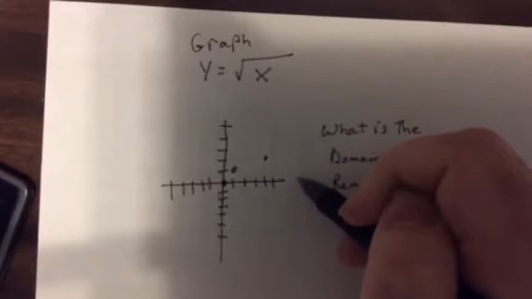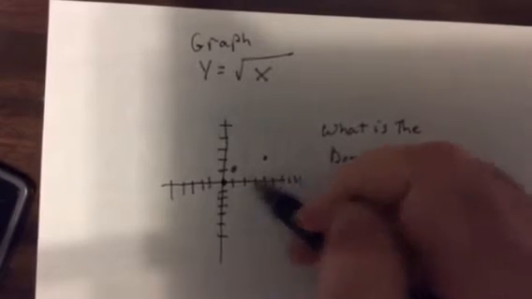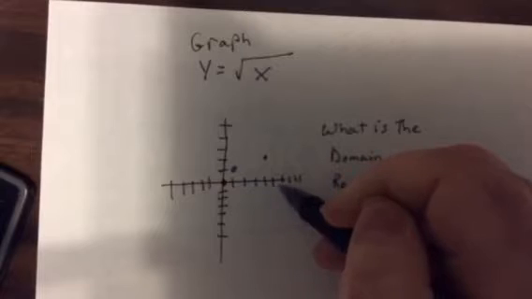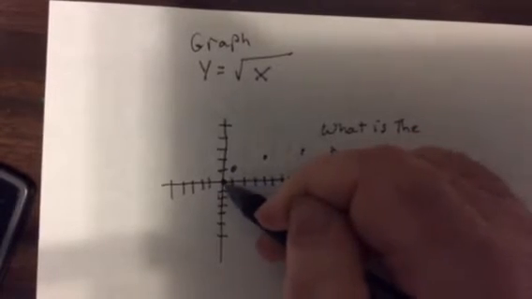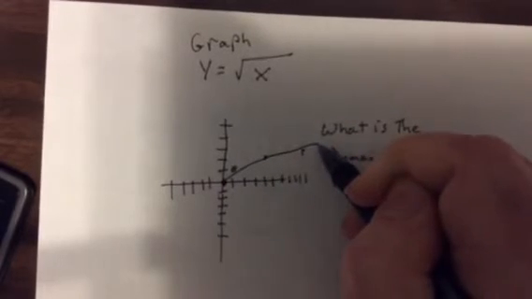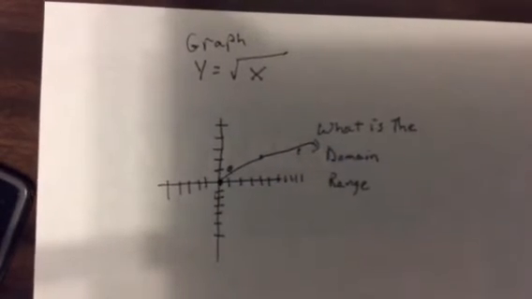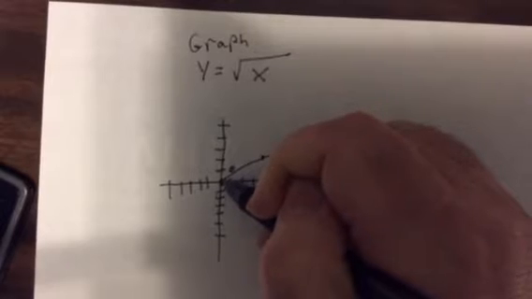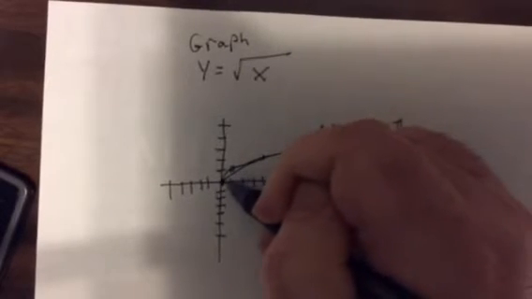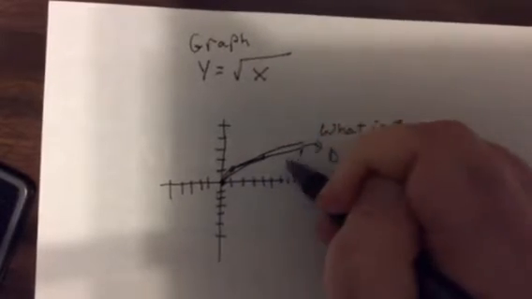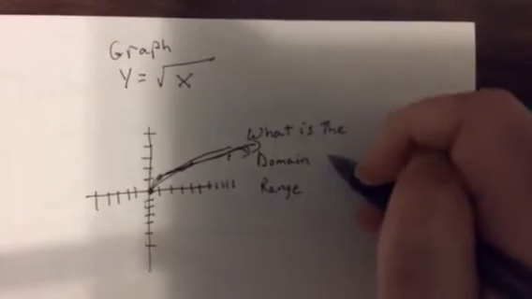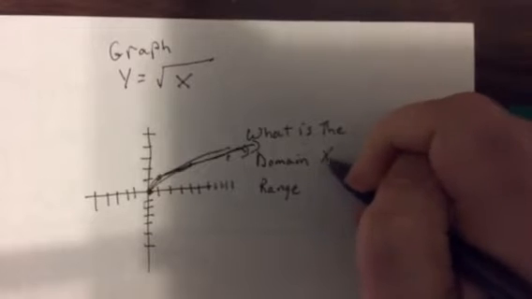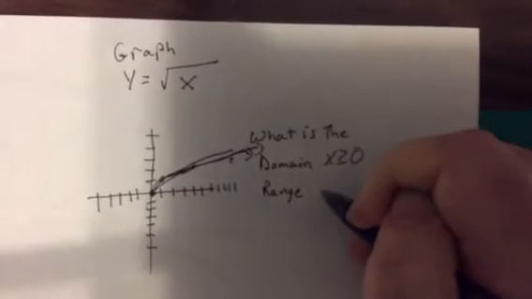Then put in 9: 1, 2, 3, 4, 5, 6, 7, 8, 9. You get 3. So it curves, and if you remember, it's half of a parabola. So the domain would be x is greater than or equal to 0, and the range is y is greater than or equal to 0.